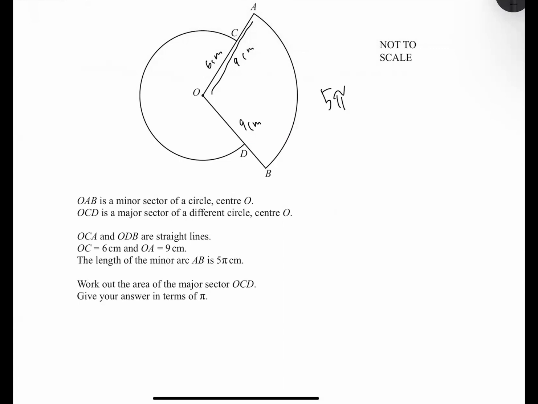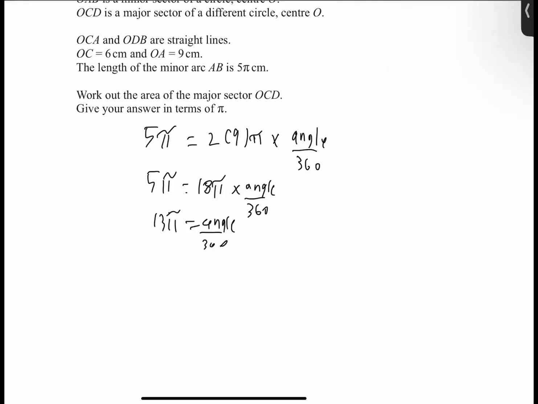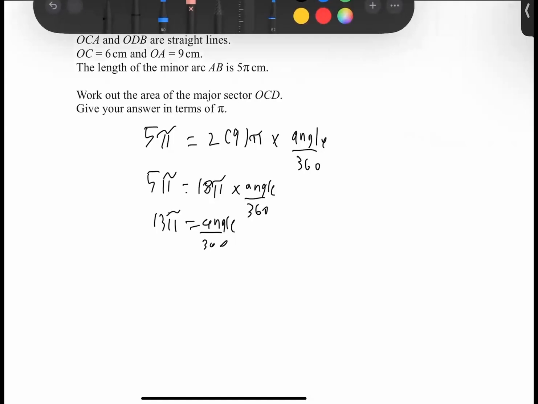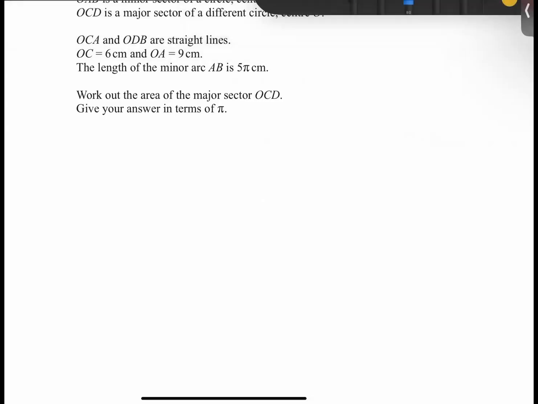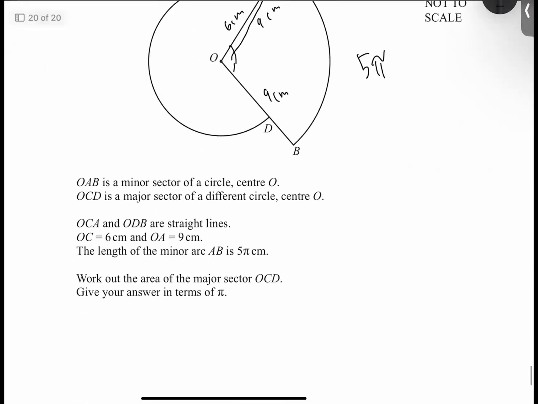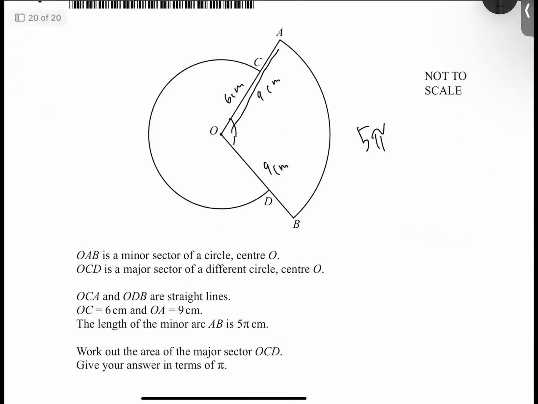So what we're going to do is find the area of OAB, and then we're going to subtract it from what. Okay, we're going to be solving question 23 now. I've already labeled this. OC is 6 centimeter, OA is 9 centimeter.